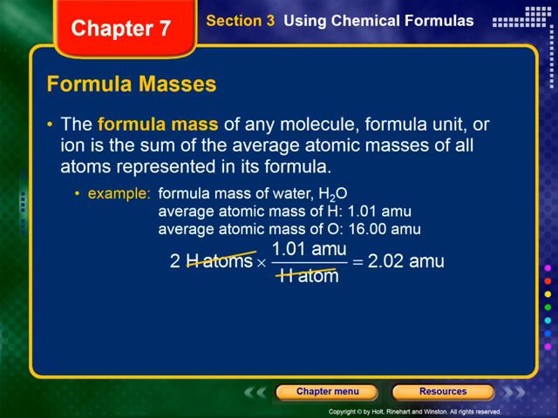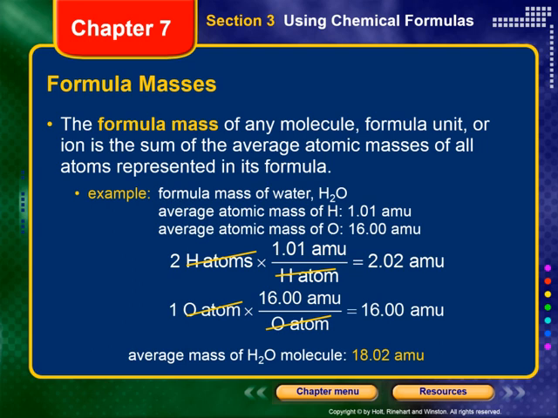Simple multiplication and division will let you know that this is 2.02 AMU from the hydrogens. And there's only one oxygen atom, and I can convert that using the mass of oxygen from the periodic table to figure out that the mass due to oxygen is 16.00 AMU. Add those together, and you get the average mass of a water molecule being 18.02 AMU.